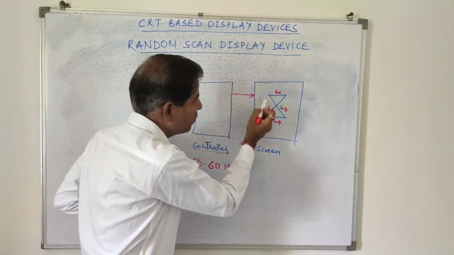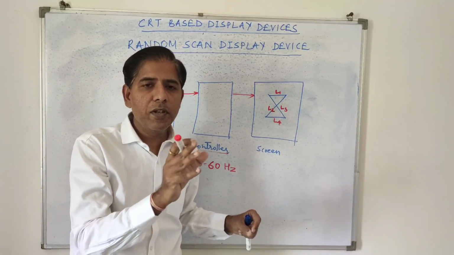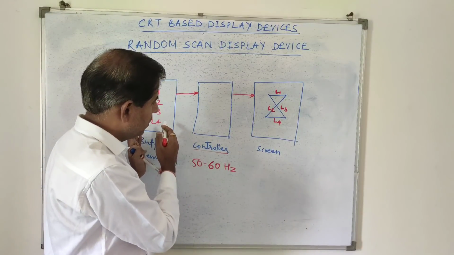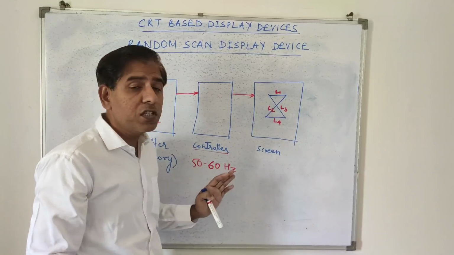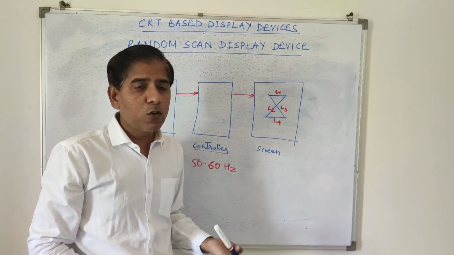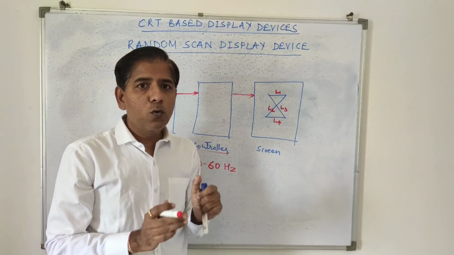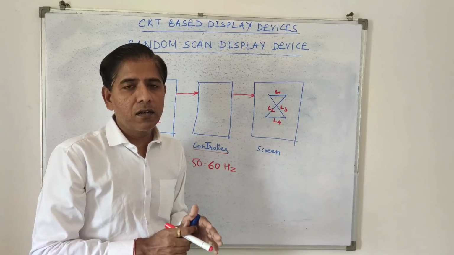Again the controller transfers the information, again L1, L2, L3, L4 will illuminate and then diminish. So the function of the controller is to transfer the information 50 to 60 times in a second, so that this entity would have a continuous appearance on the screen.